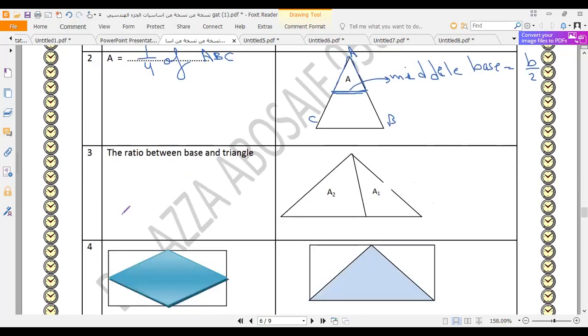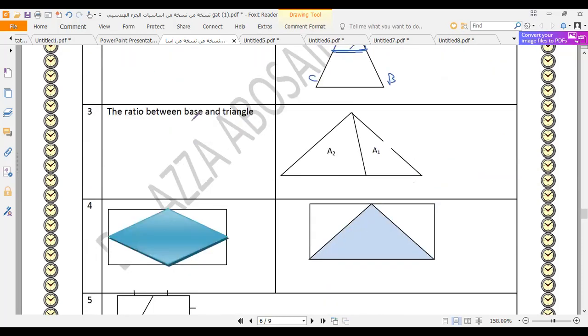Now, the ratio between base and the triangle sides. Now we have two triangles, A1 and A2. As you see, A1 is smaller than A2 in the area and also in the base. So you have to know the area of any triangle is in direct relation with the base.